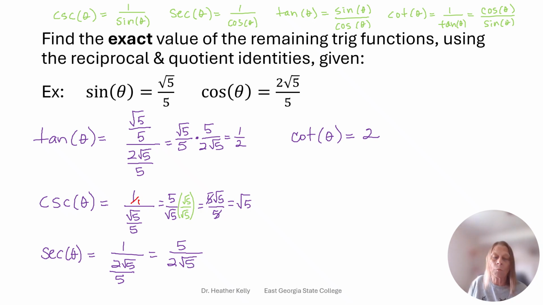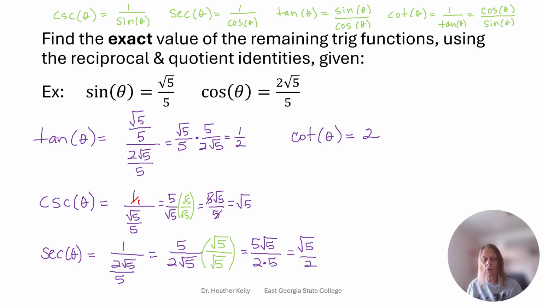Now here we don't multiply by the denominator, we just multiply by what we need to get rid of that radical, and what we need to get rid of that radical is just the square root of 5. And so now we wind up with 5 square roots of 5 over 2 times 5 gives us root 5 over 2. And there are our other 4. Okay?